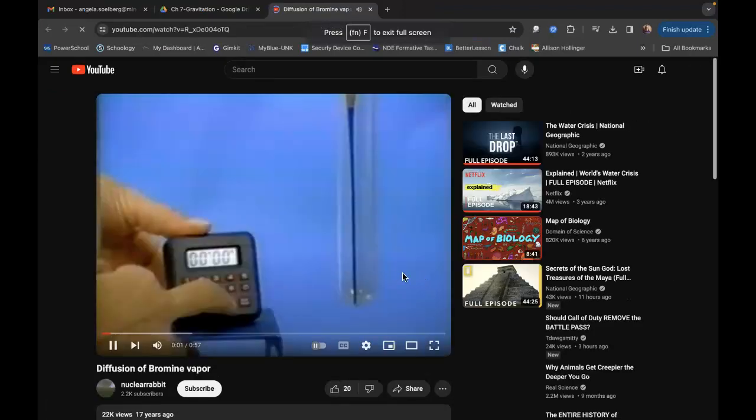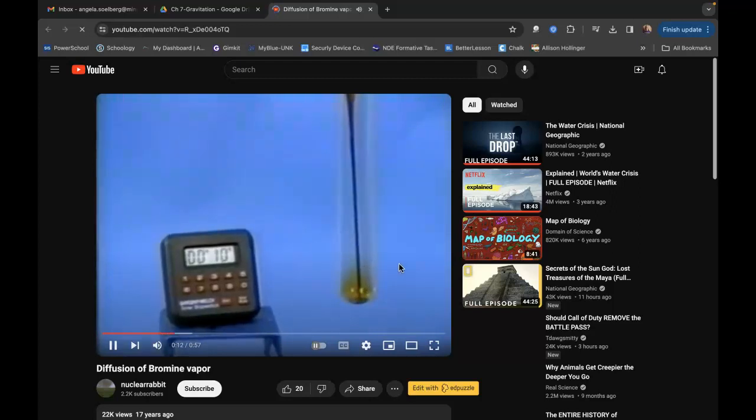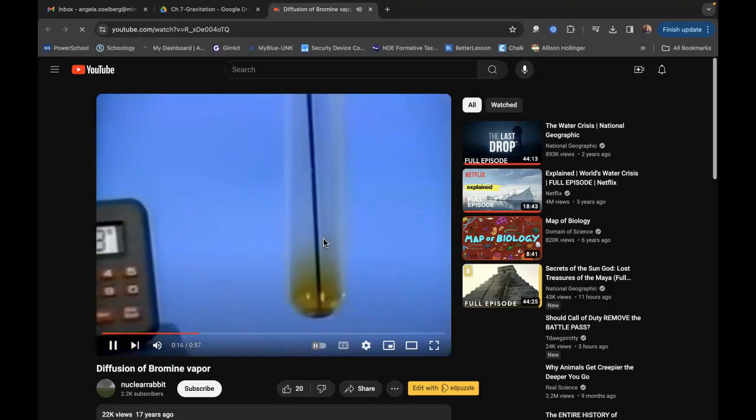Okay, so this is the diffusion of bromine vapor. So this little tube here is going to put some bromine down at the bottom. And you can see it kind of clouding the bottom of our container. We're at about 8 seconds, 12 seconds, and you can see it slowly traveling up our tube.